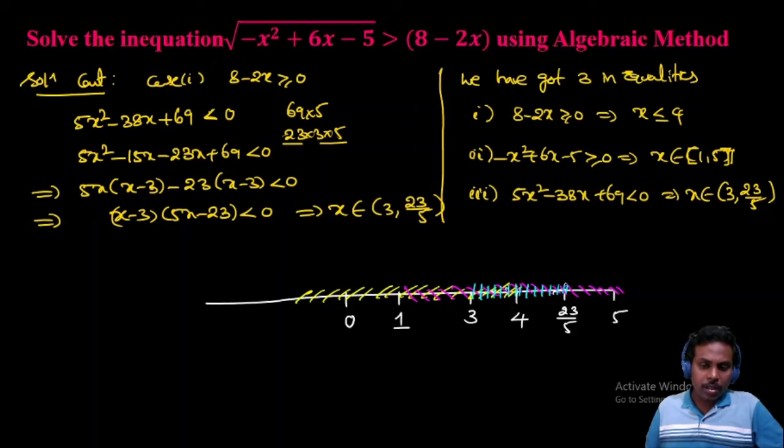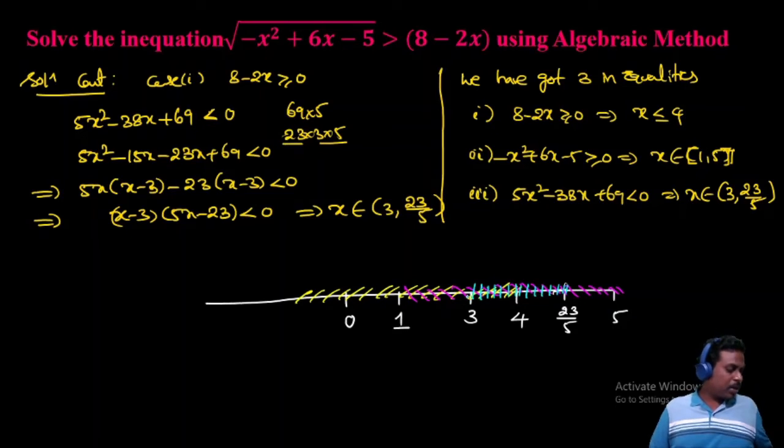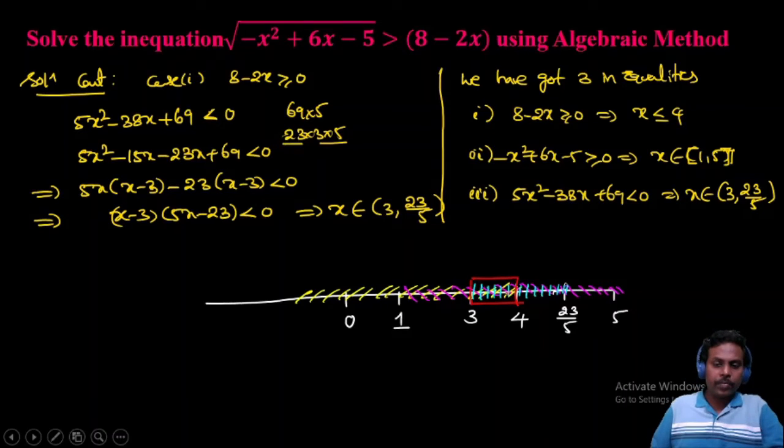Now if you see carefully, the three colors coincide only in this particular region. So here you find all the three. So what is the answer?